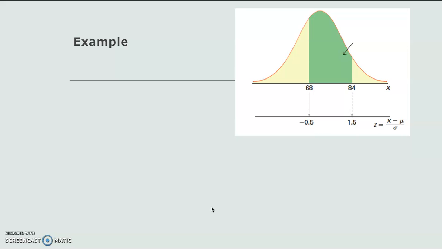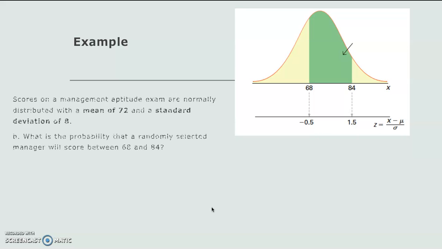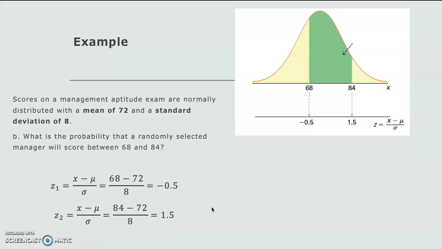Now let us try to solve the second case. What is the probability that a randomly selected manager will score between 68 and 84? Just like the first case, we convert the random variable x, 68 and 84, into z, and we get z1 equal to minus 0.5 and z2 equal to 1.5.